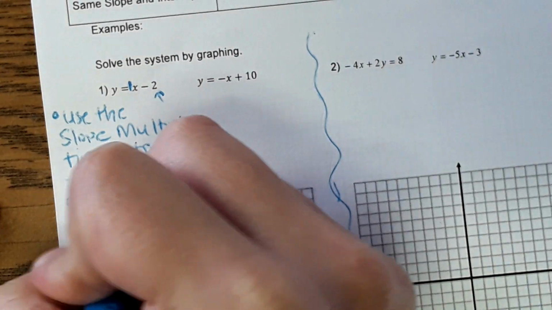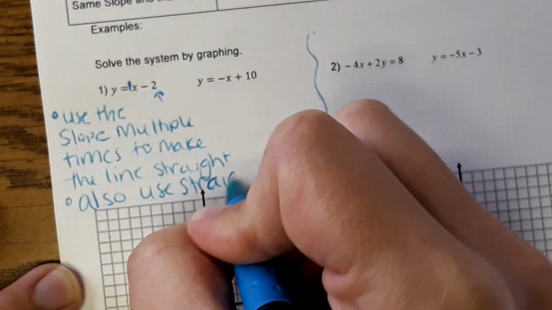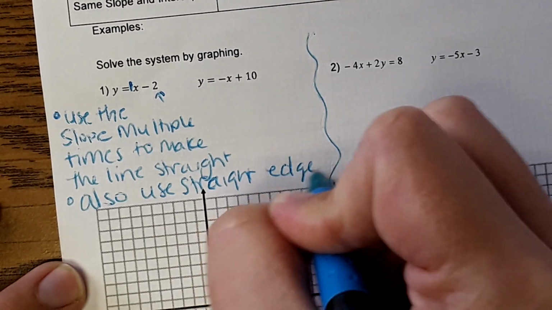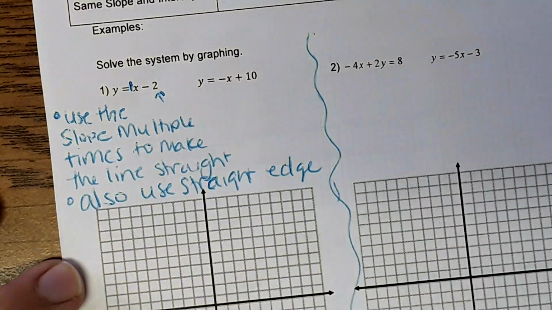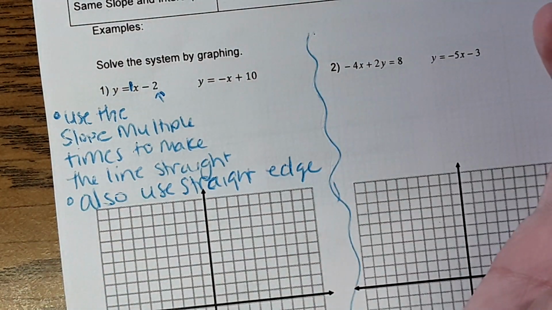And then also use a straight edge. So whether that be a ruler, which I know a lot of us don't carry rulers with us, but you can use your ID. I like to use a stack of Post-it notes, as you've seen me do. So just using a straight edge to make sure your lines are super accurate will make it easier to find the solution.